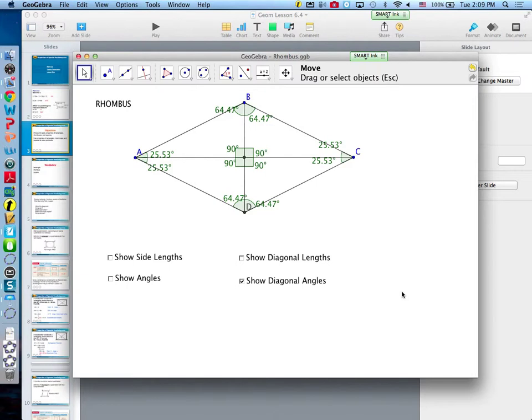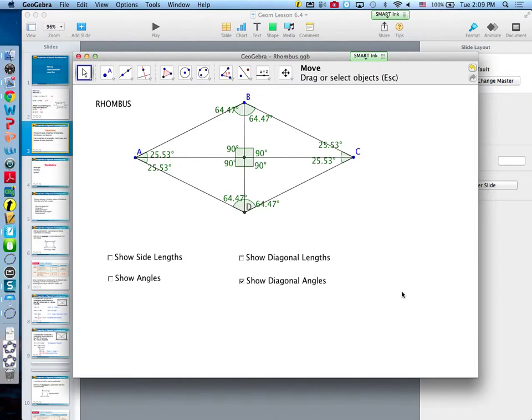They cut the figure in half and bisect the angles. My picture up here doesn't look too good, but yours on the graph paper is accurate. So those diagonals do bisect the angles and they're perpendicular. We said they're not the same length.